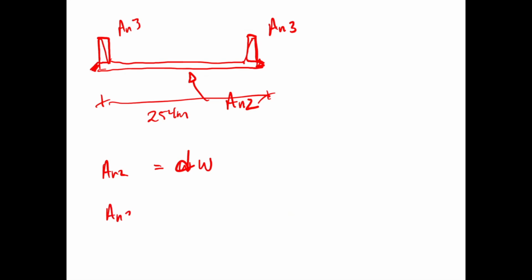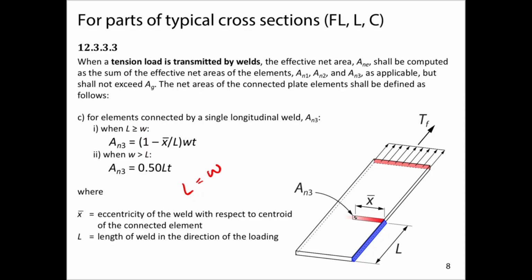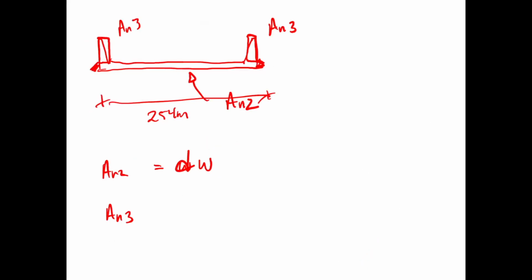Then our AN3s depend on some other properties. And so AN3, we've got two flanges that are connected by a single weld. We have a length of weld that's greater than W. And so we're using this 1 minus X bar over L calculation. And so AN3 is 1 minus X bar over L. And in our case here, the width of the plate is going to be B minus W. It's the width of the flange minus the width of the channel web.